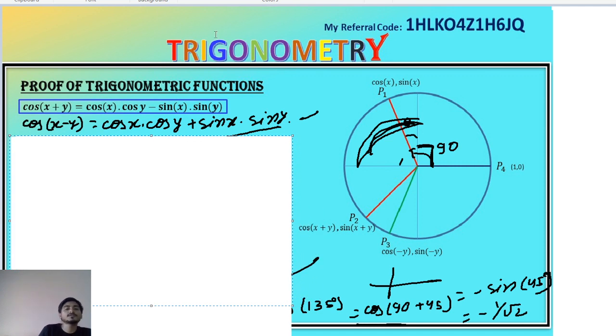Using this we can solve all types of allied angle problems, like cos of 90 plus theta we saw, cos of 90 minus theta we saw.